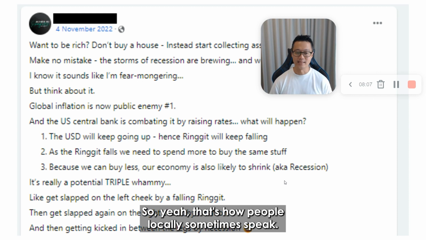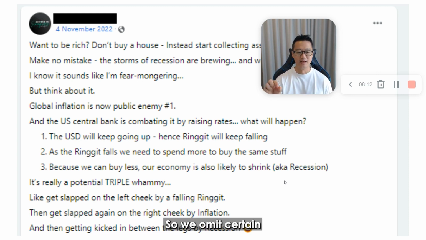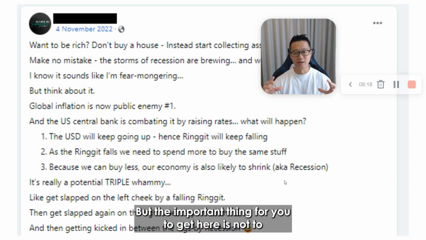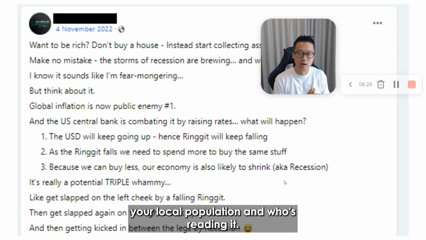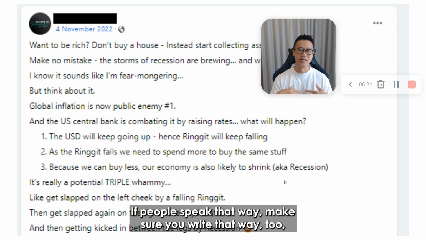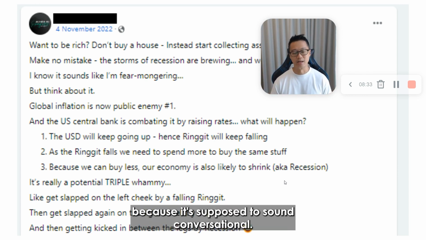That's how people locally sometimes speak, right? So we omit certain grammatical rules. But the important thing for you to get here is not the grammar, but to tailor it towards your local population and who's reading it, right? If people speak that way, make sure you write that way too, right? Because it's supposed to sound conversational.